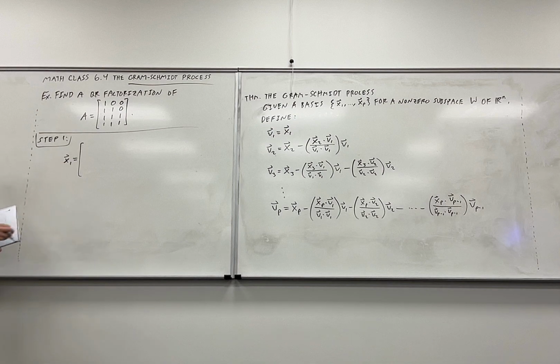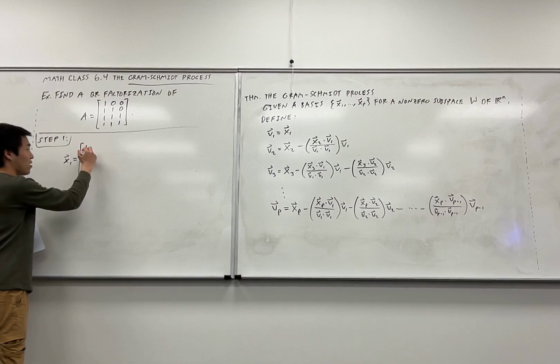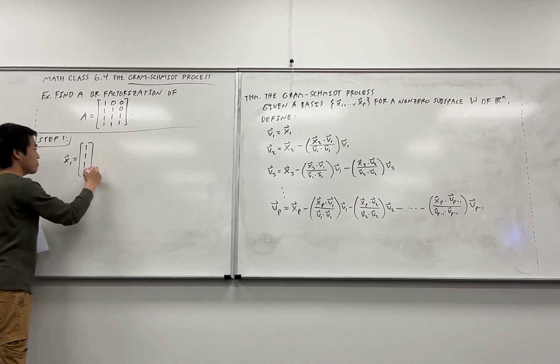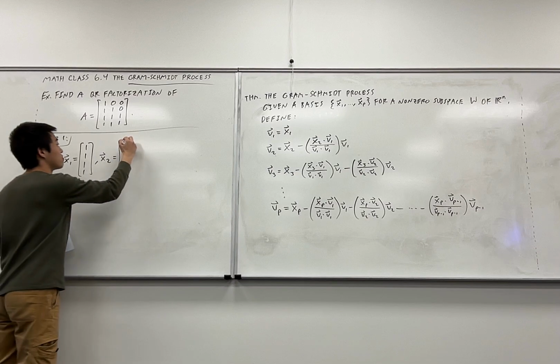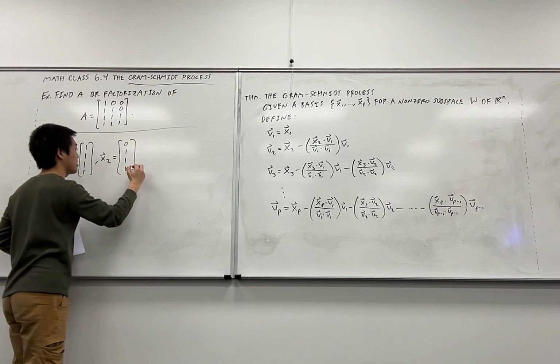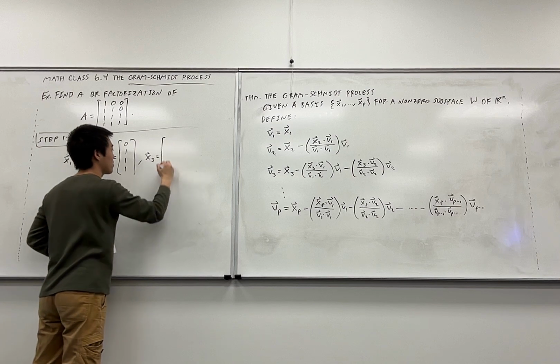So what is x1? 1, 1, 1, 1. What is x2? 0, 1, 1, 1. And what is x3? 0, 0, 1, 1. Is there an x4? No. Good.